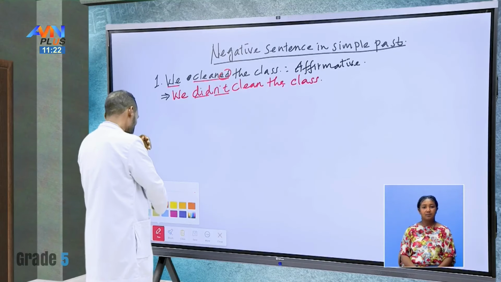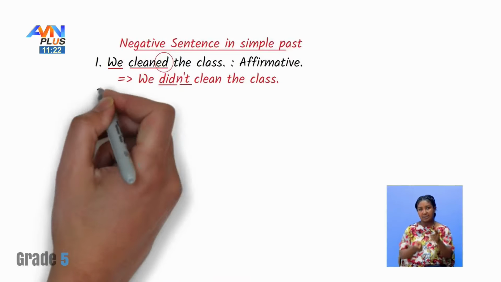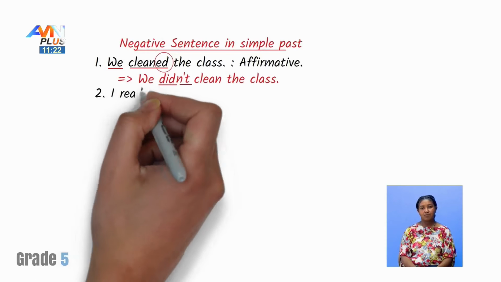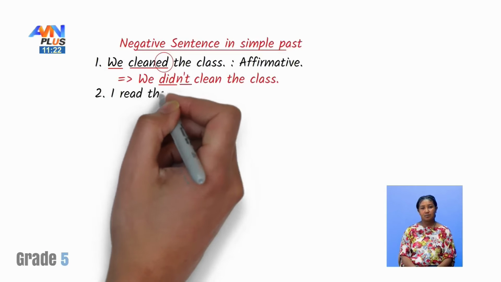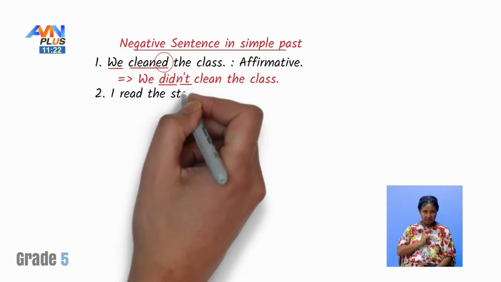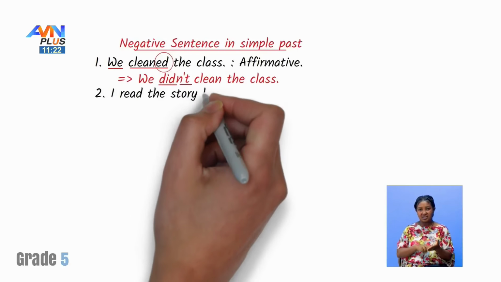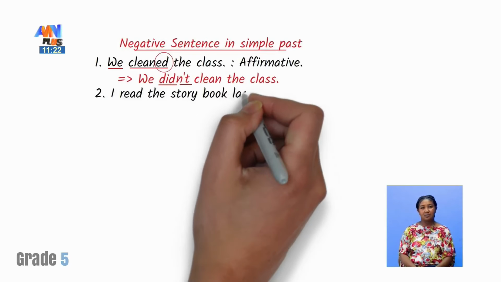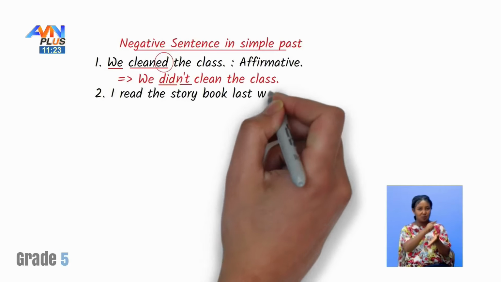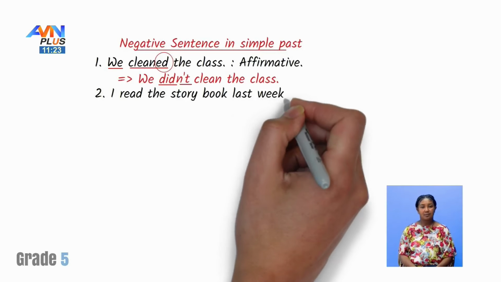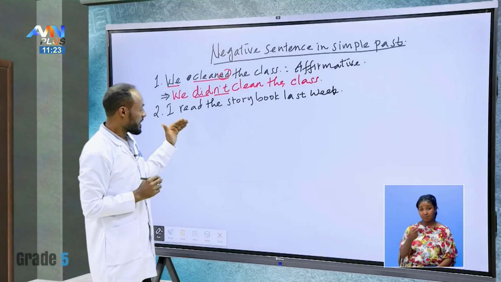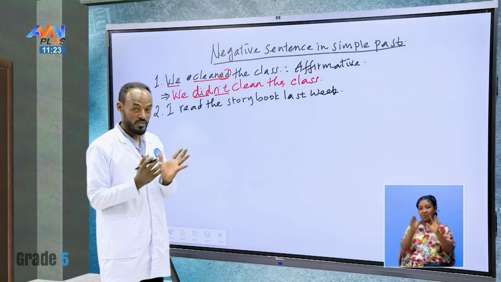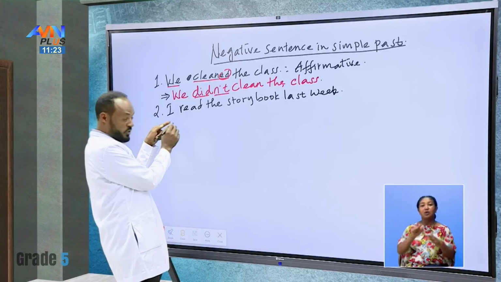Good. What about another example? For example, the second example. I read, because that is past. I read the storybook last week. Now, I'm going to change this one into negative. Is it clear? So the subject should be here still.